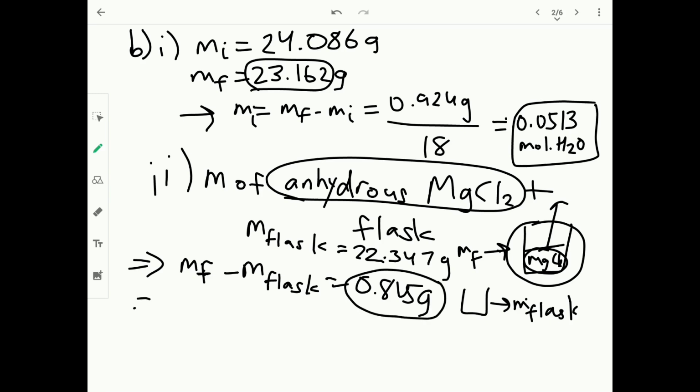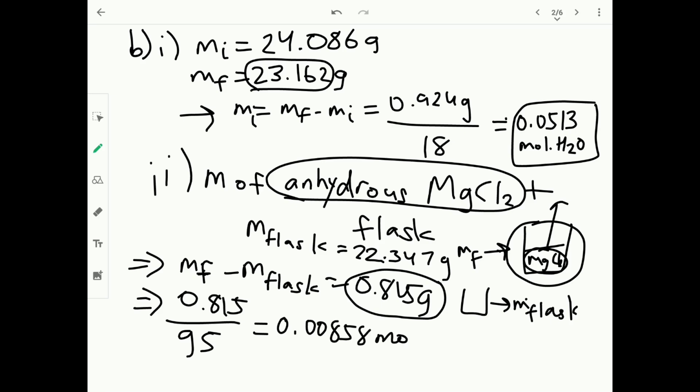Now the number of moles of that would be 0.815 over 95, which is the molar mass, 0.00858 moles. But this is not the complete formula of the whole thing, because remember it was MgCl2 dot X H2O, right?